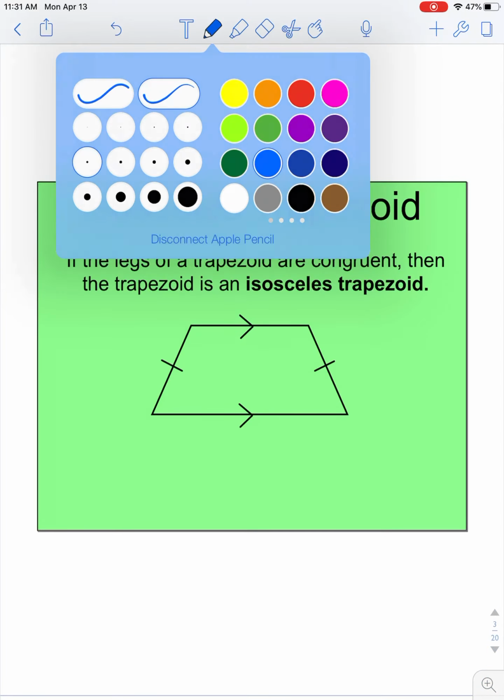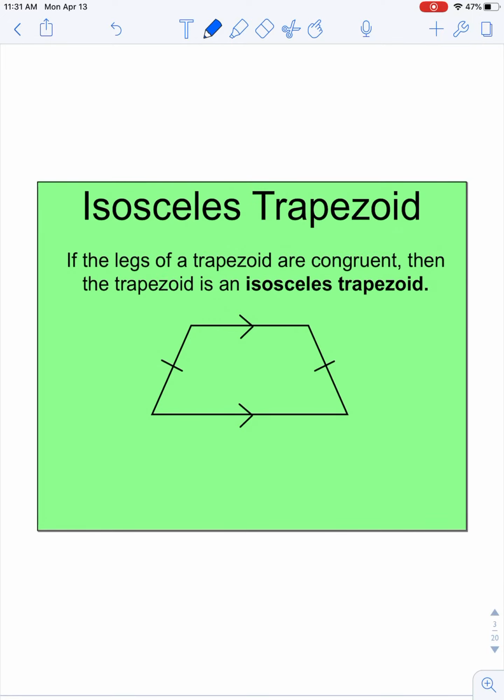So in an isosceles trapezoid, okay, if the legs of a trapezoid are congruent, then we call it an isosceles trapezoid. Well, what are the legs? Well, the legs are connected to the two bases.